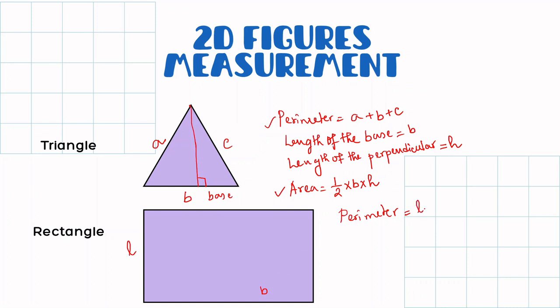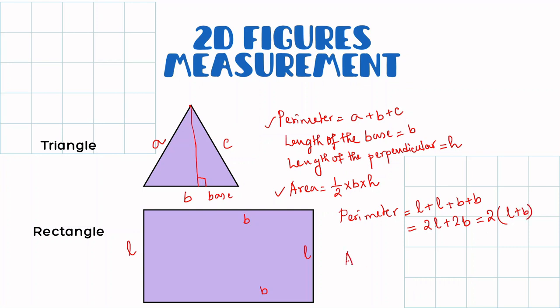This is L. In a rectangle the opposite sides are equal, so this will be L plus L. This is B and the opposite side is B, so this will be B plus B. So what do we get? 2L plus 2B. We take 2 as common and it becomes 2 into L plus B.